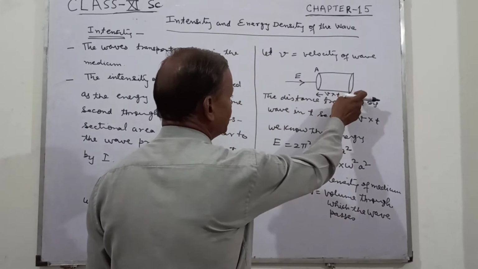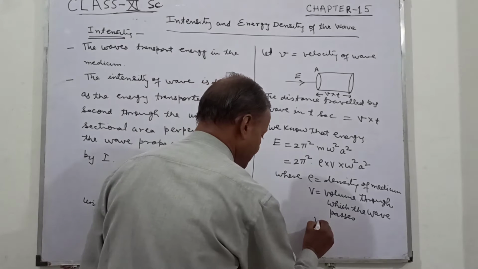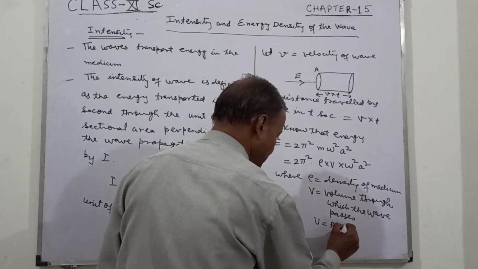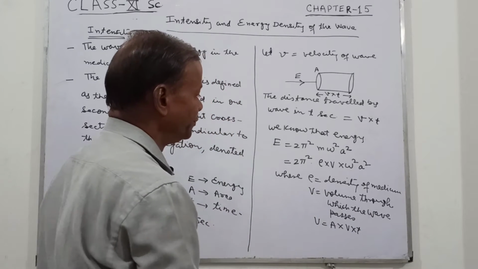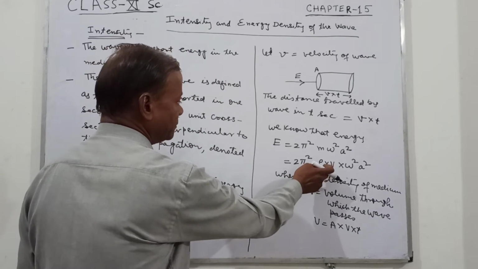As shown here, this V is equal to area into v into t. This is the volume.